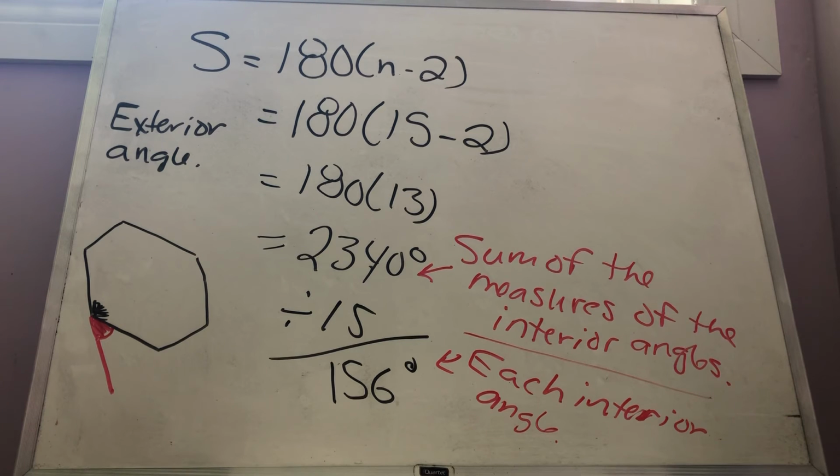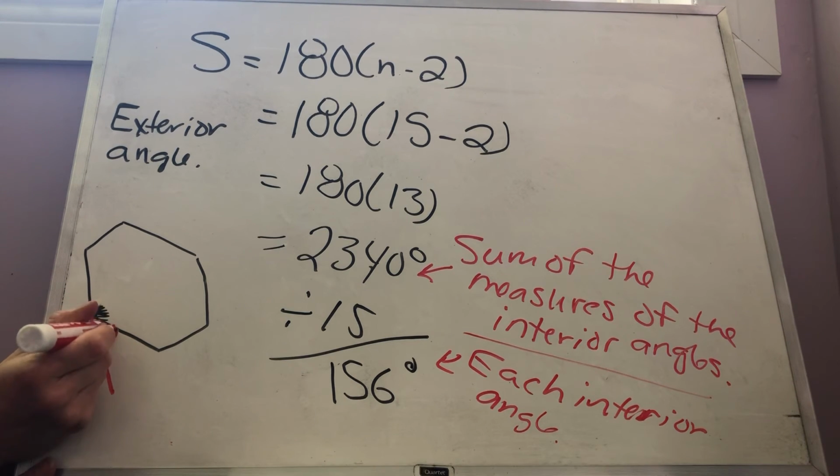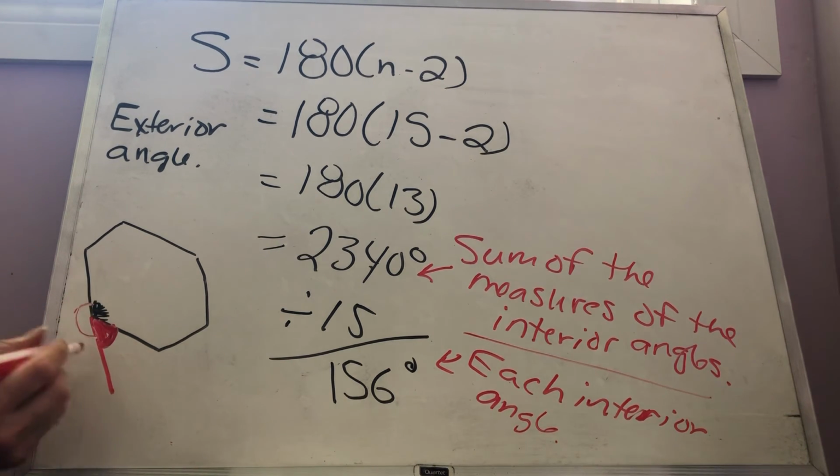I've had some debates about this in some prior classes, but this is how this textbook asks it and how this course treats it, is just drawing a line off of it and then measuring that. Exterior, in a lot of cases, is from here to here, measuring that whole piece. But for the purposes of this course, in like your exit exam in this course, I'd be measuring right here, the straight line off it. So you're just then going to subtract 180, take away your total right there.